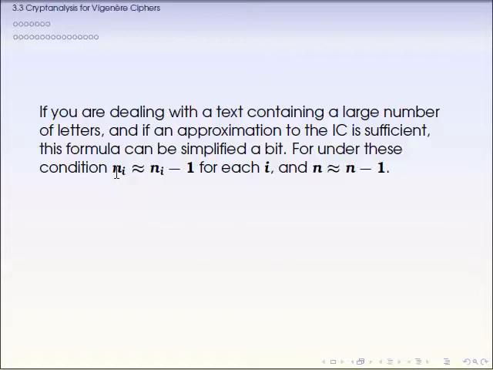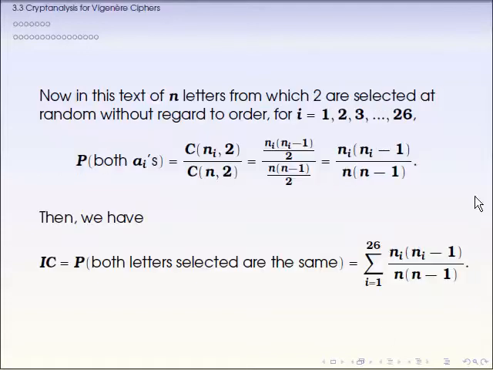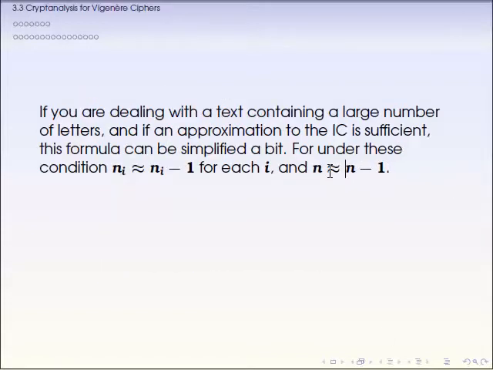So if we increase the size of the ciphertext, meaning n gets larger and larger, then if you compare n and n-1, they are close enough for this formula. So we can just use n instead of n-1.